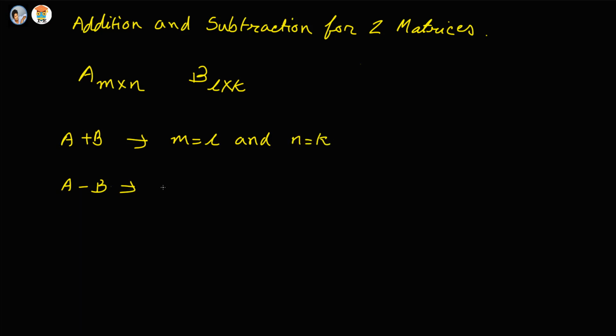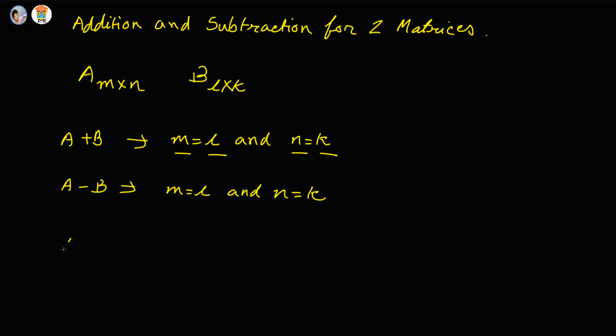For this one also, m should be equal to L and n should be equal to k. What does it mean? It means that the number of rows for A matrix should be equal to the number of rows of B matrix, and the number of columns of A matrix should be equal to the number of columns of B matrix. And for subtraction, we have the same rule.